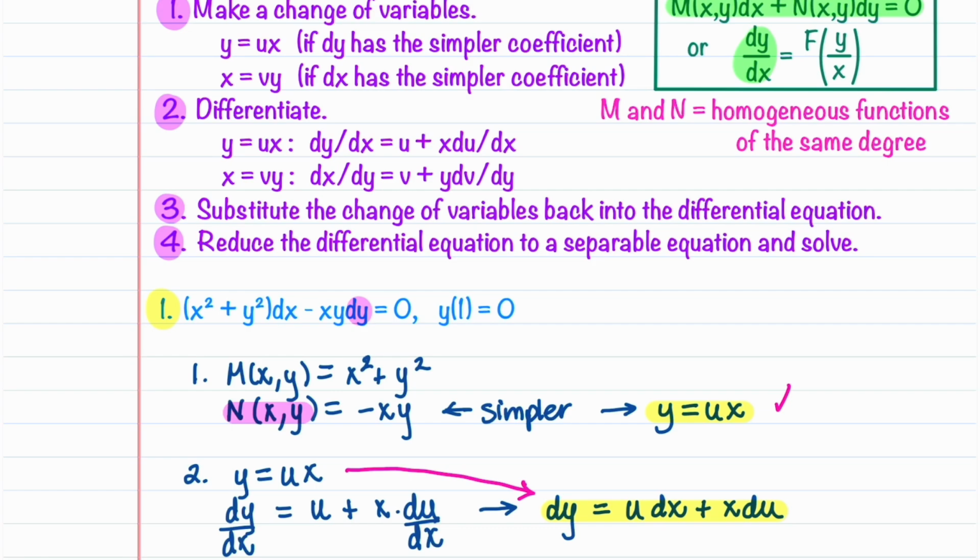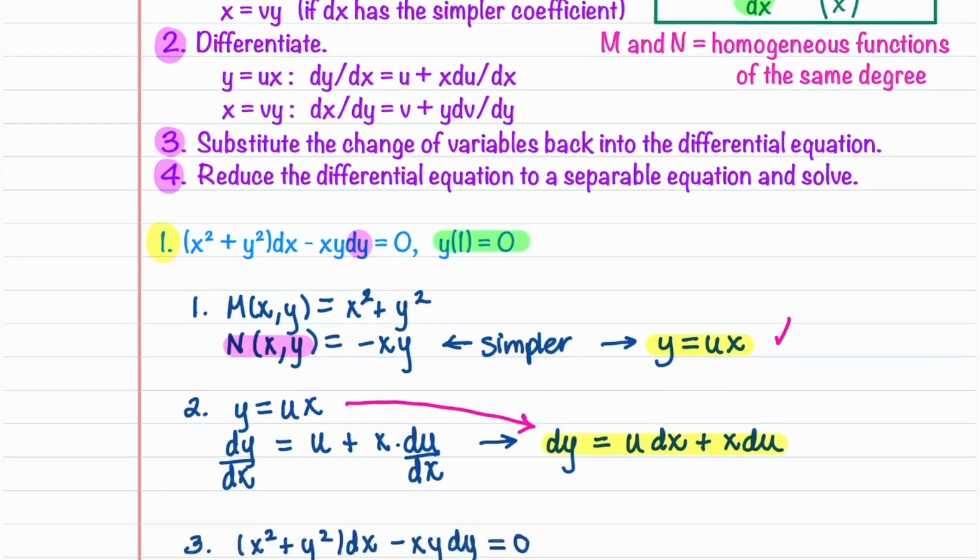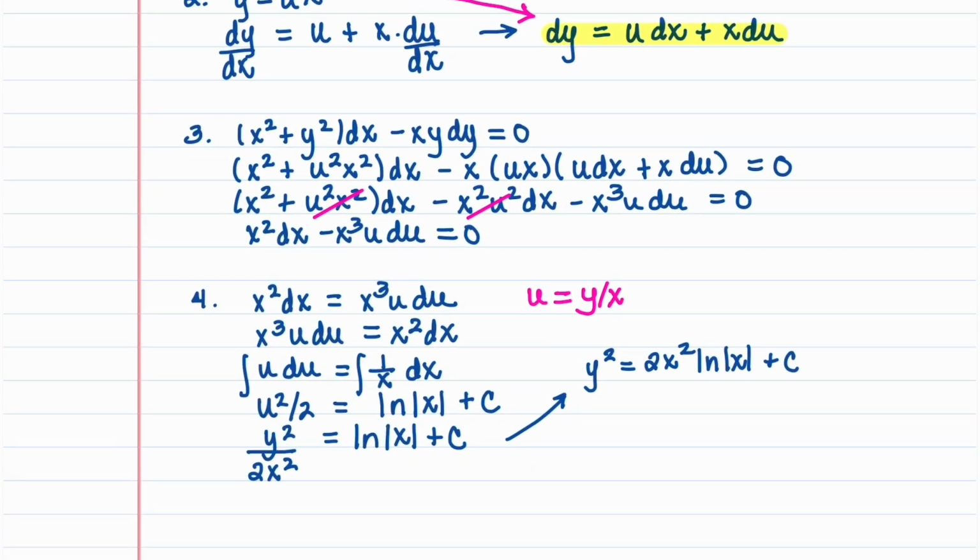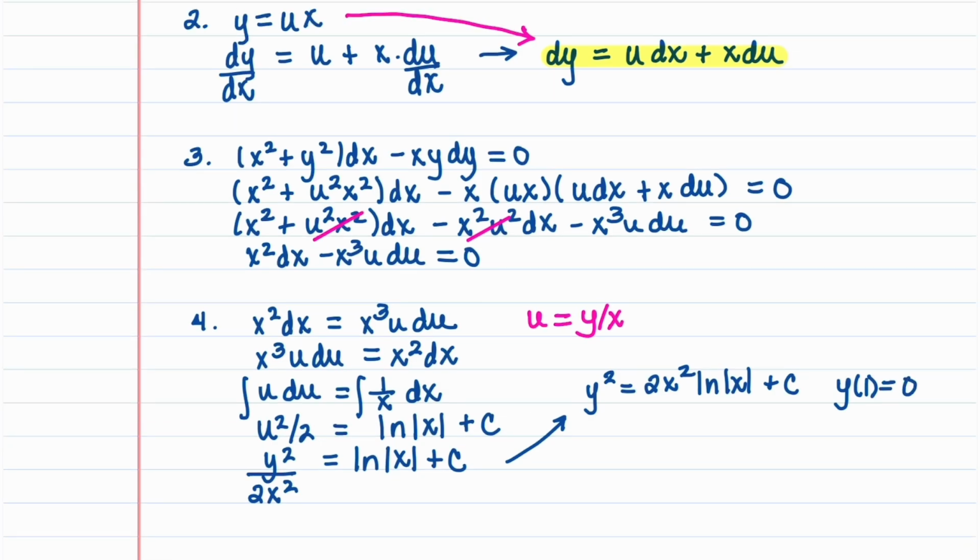Now let's go back up to the top again. Notice that this problem was an initial value problem because we were told that y at 1 is 0. Our solution with our constant is the general solution, but we want a particular solution that corresponds to y at 1 equals 0. To get this particular solution, we're going to substitute in that x is 1 and y is equal to 0, and we're going to find c.